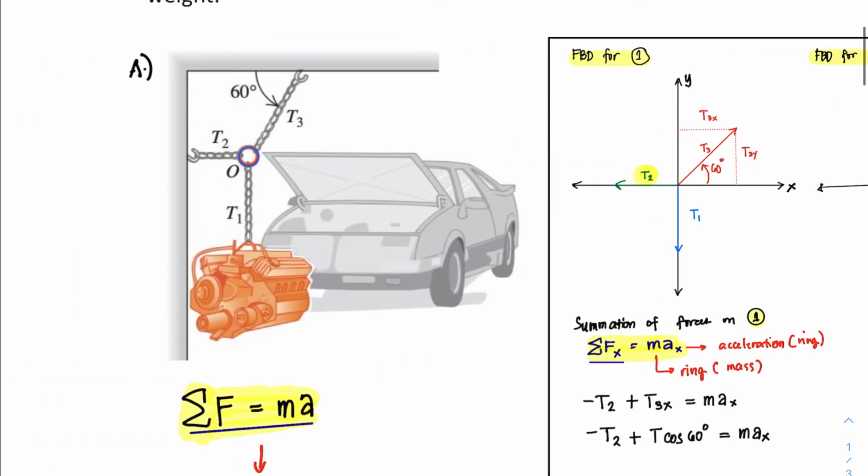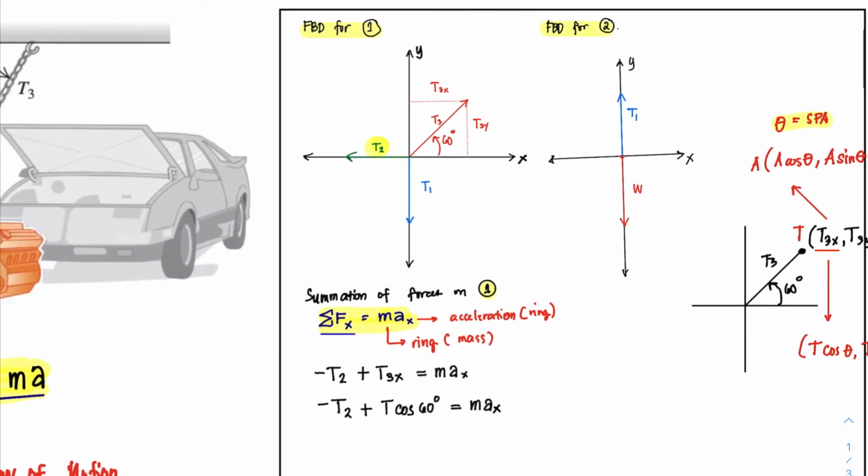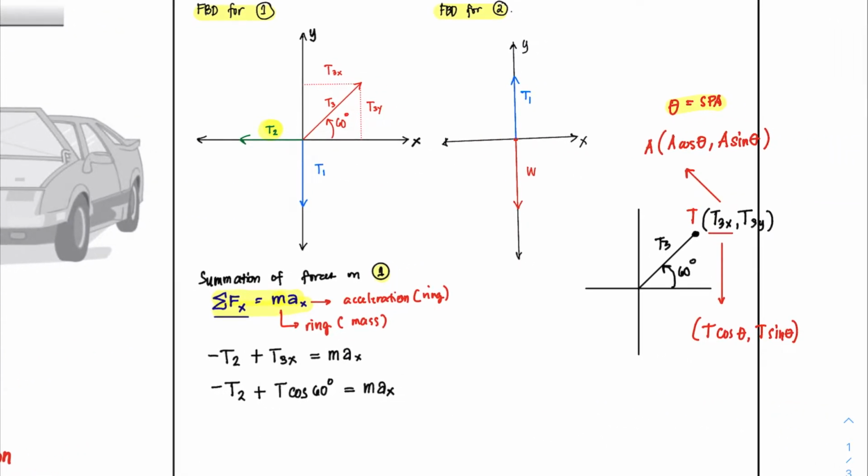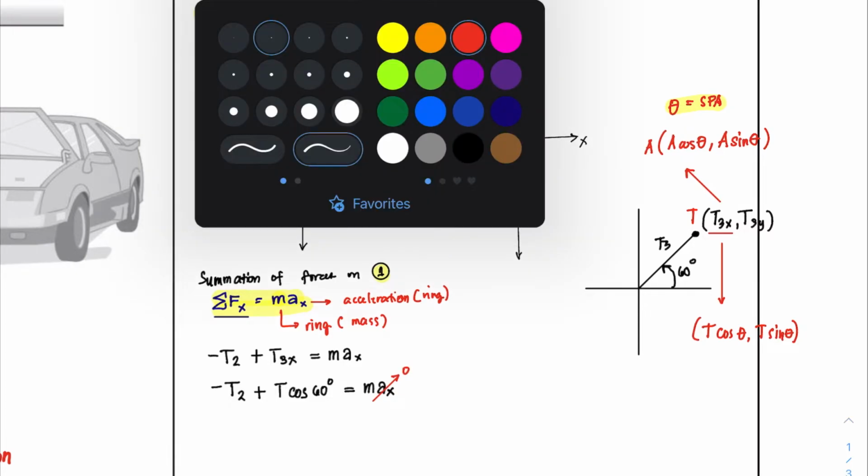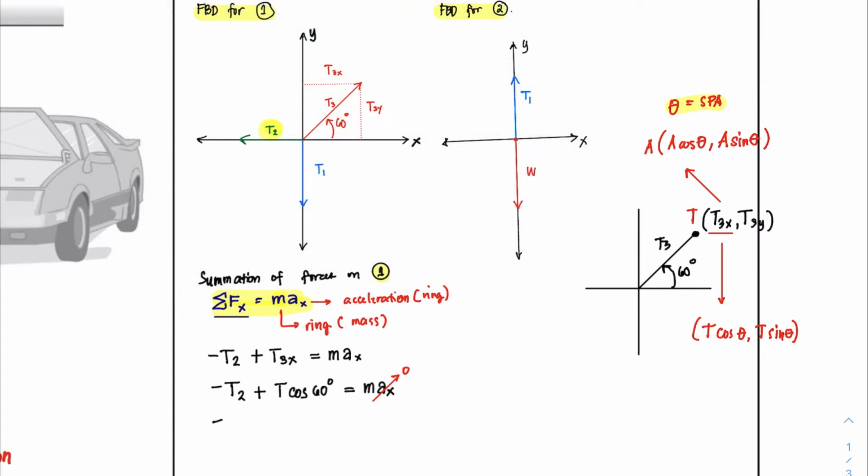However, you can actually further simplify this one, class. Take note that the ring in this case is stationary. So it's not moving while the three forces are acting. So that implies that the acceleration is 0. Because there is no motion, the acceleration is 0. So this one over here is 0.